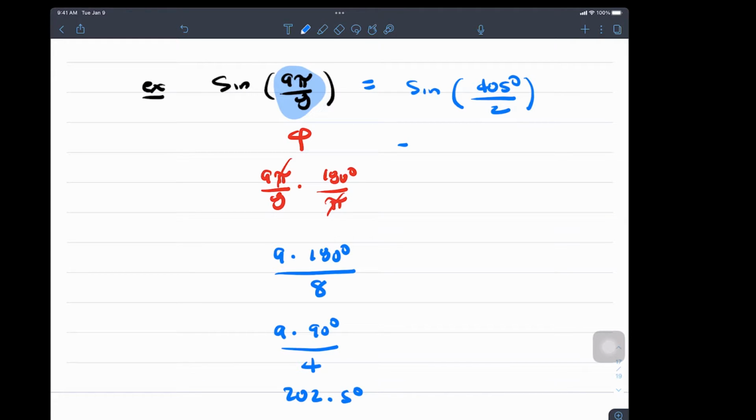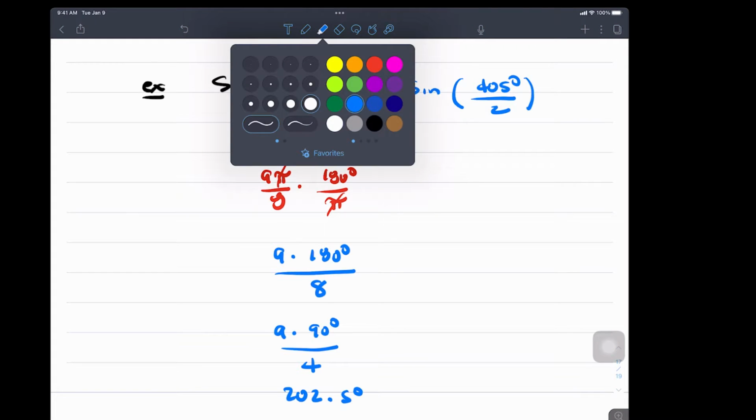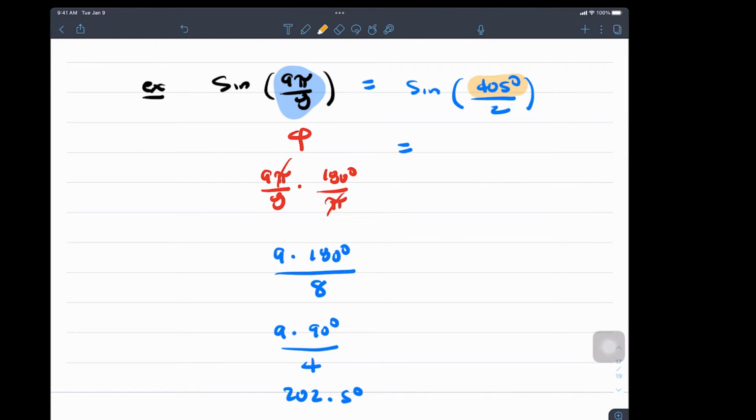And then, what do you guys know about this angle? 405 degrees. What is it coterminal to? It's 45 degrees.